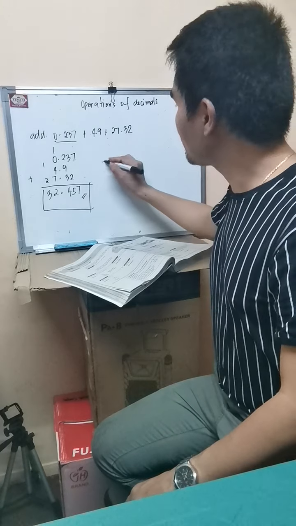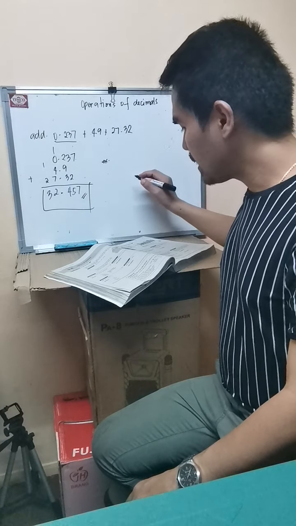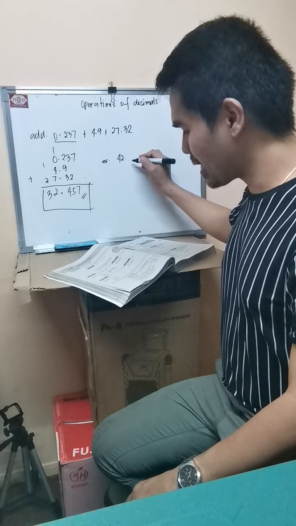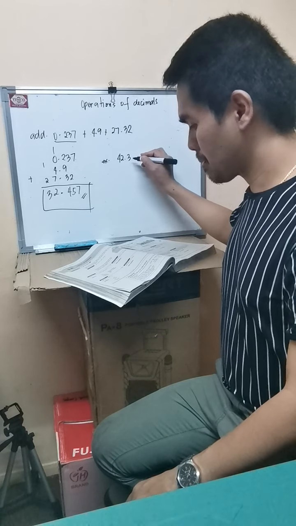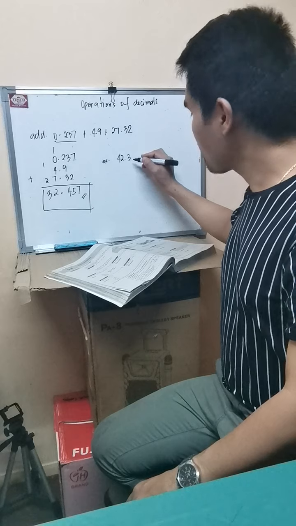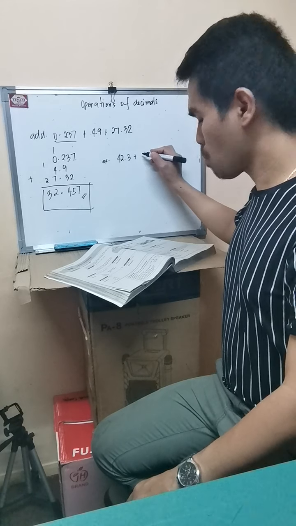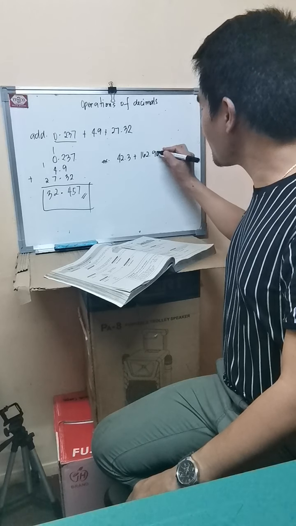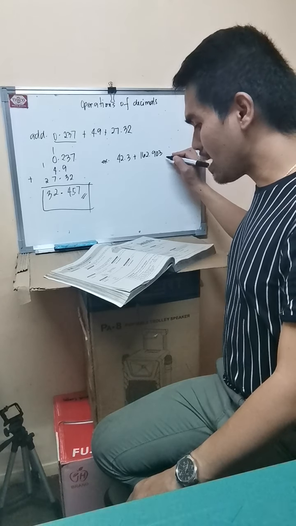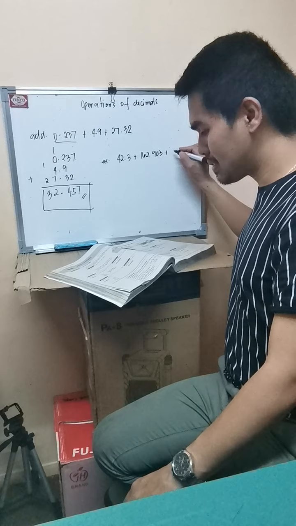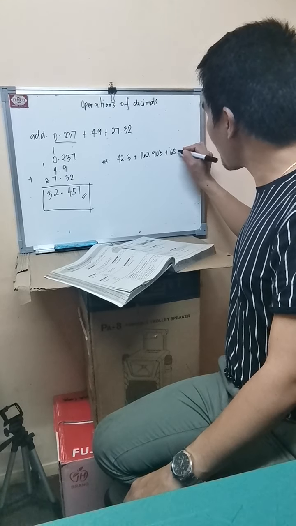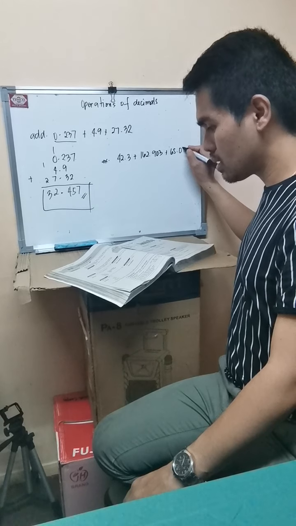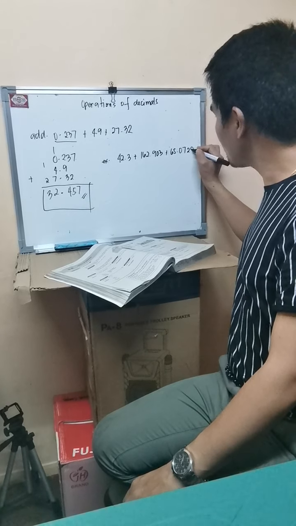Another example. Let us say you have 42.3 plus 162.903 plus 65.0729.